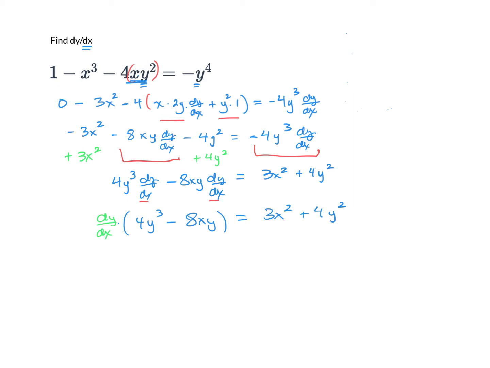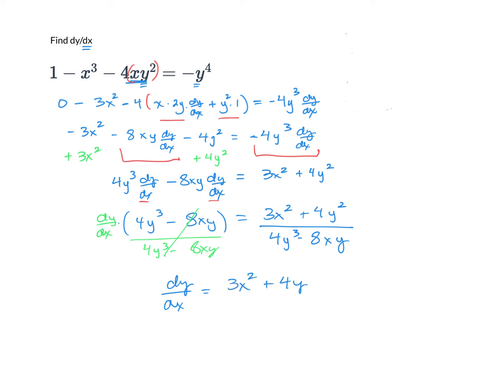So I'm going to divide both sides by this 4y cubed minus 8xy, which just leaves me 1 over here. And when I divide it, I have 4y cubed minus 8xy on this side. So dy over dx is this equation: 3x squared plus 4y squared over 4y cubed minus 8xy.